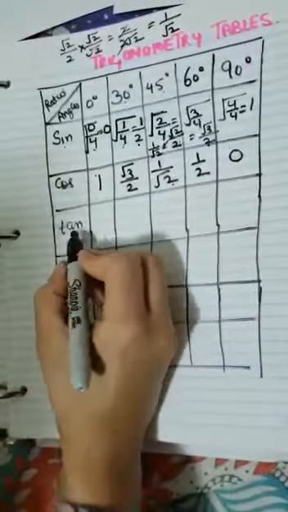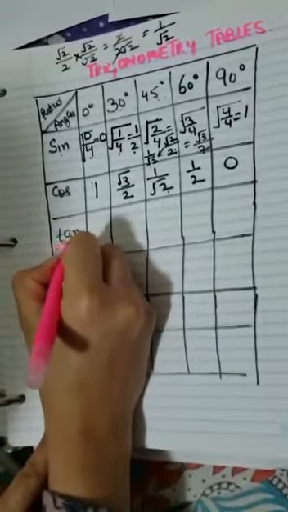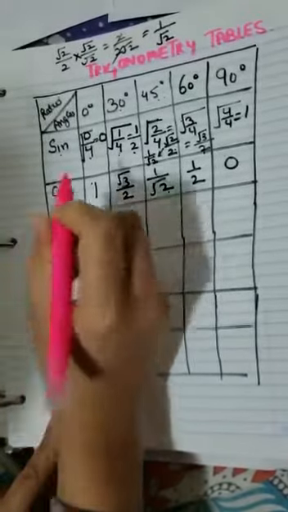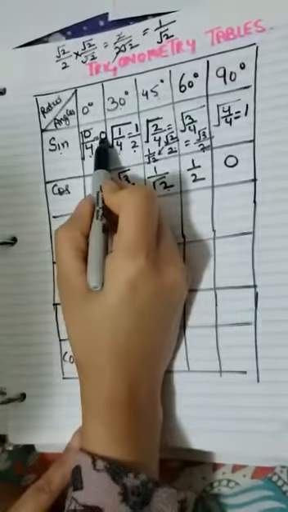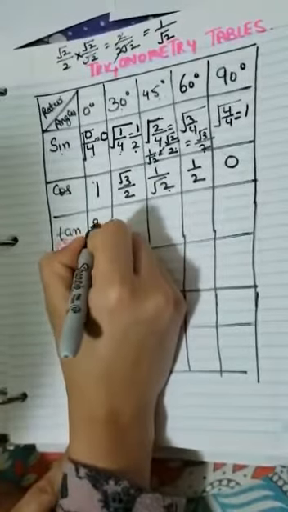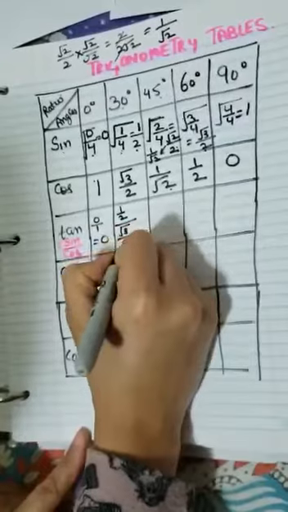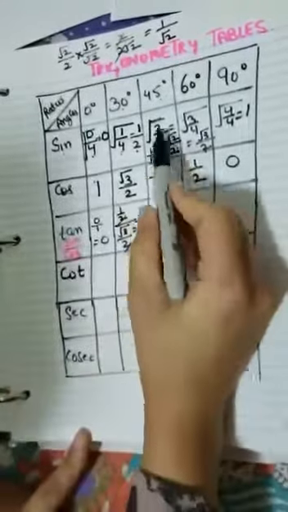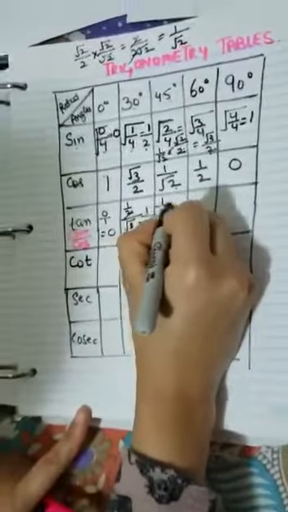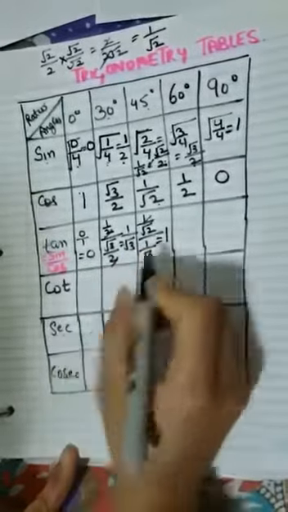Next one is tan. We know that the formula of tan is sine over cos, so we divide the value of sine by cos. 0 divided by 1 is equal to 0. 1 by 2 divided by under root 3 by 2 is 1 by under root 3. 1 by under root 2 divided by 1 by under root 2 is equal to 1.